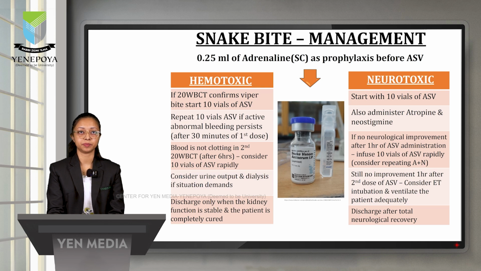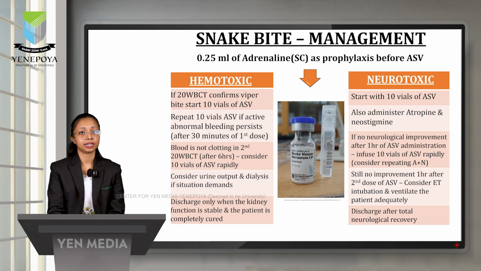Snake bite management. Before advanced management, we have to administer 0.25 ml of adrenaline in both hemotoxic and neurotoxic snake bite for preventing anaphylaxis. In hemotoxic snake bite, if the 20-minute whole blood clotting test confirms viper bite, start 10 vials of anti-snake venom diluted in 100 ml of normal saline over 1 hour.